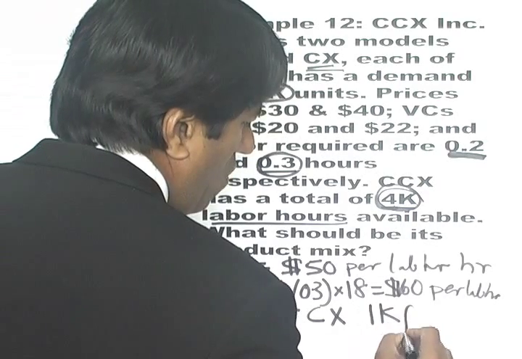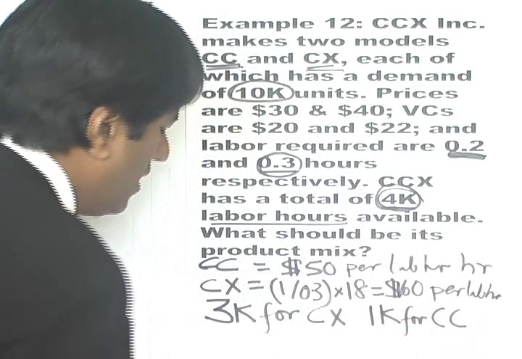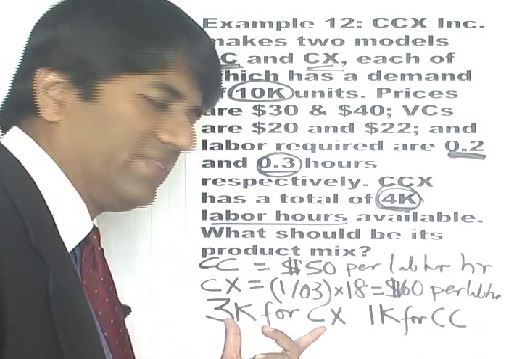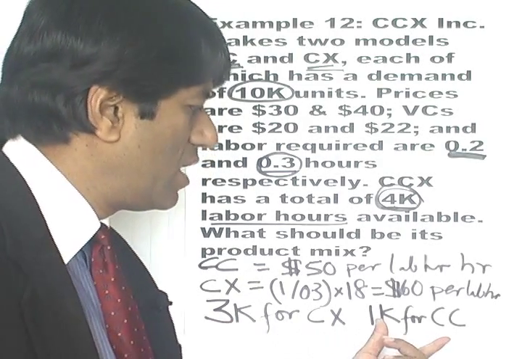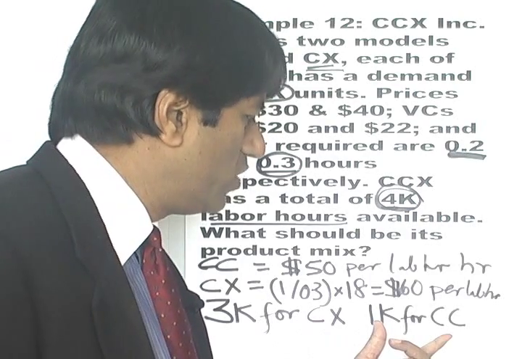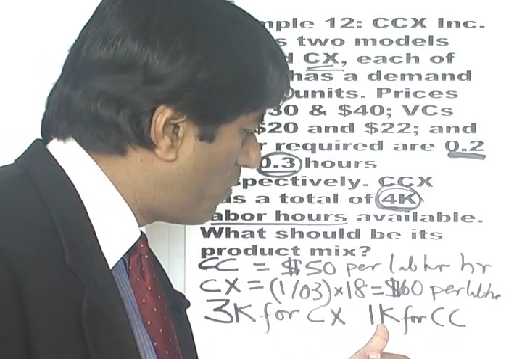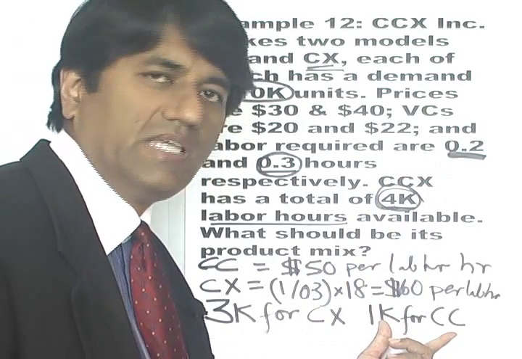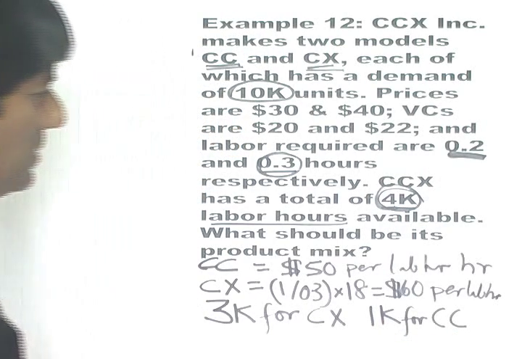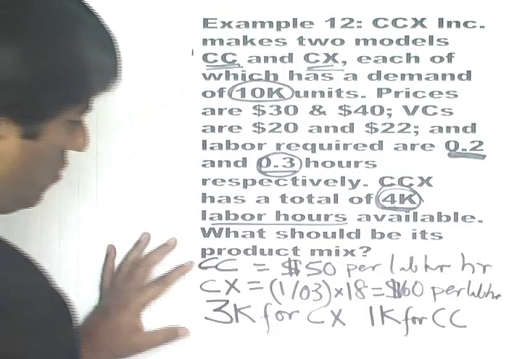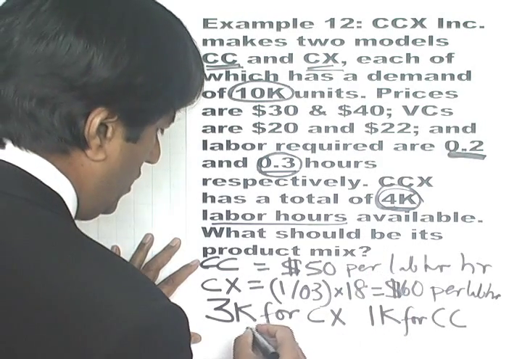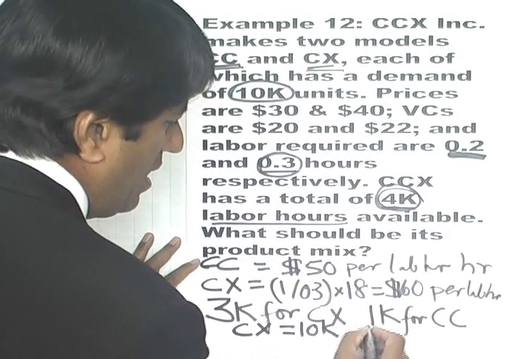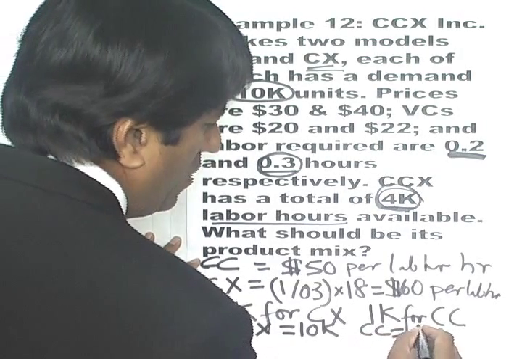So 3K for CX is going to produce 10,000 units of CX. 1K for CC is going to produce 1K divided by 0.2, or 5,000 units of CC. So your final product mix is going to be CX equal to 10K and CC equal to 5K.